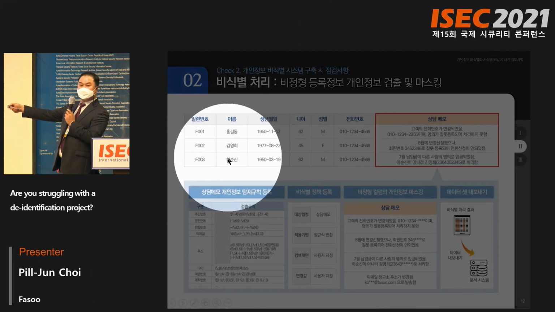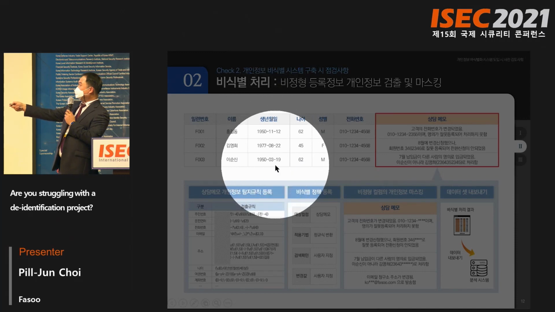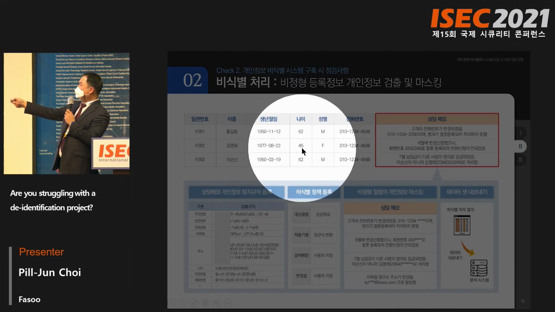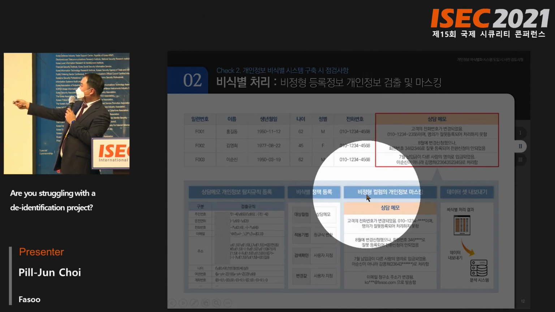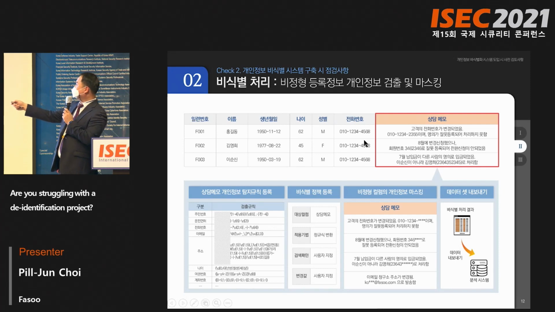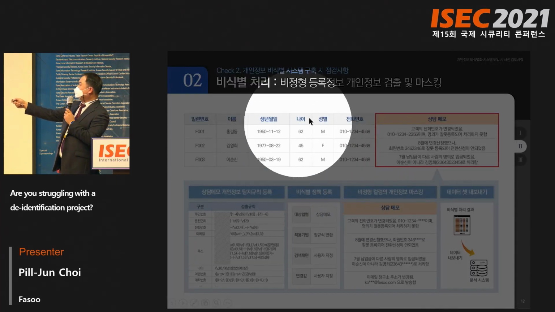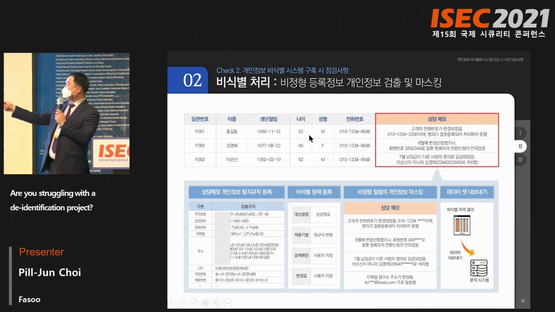This is how you de-identify. In the number column, you can leave out the last character, and in the birth date you can delete maybe the year or some months. You can delete the last 4 digits of the phone number.